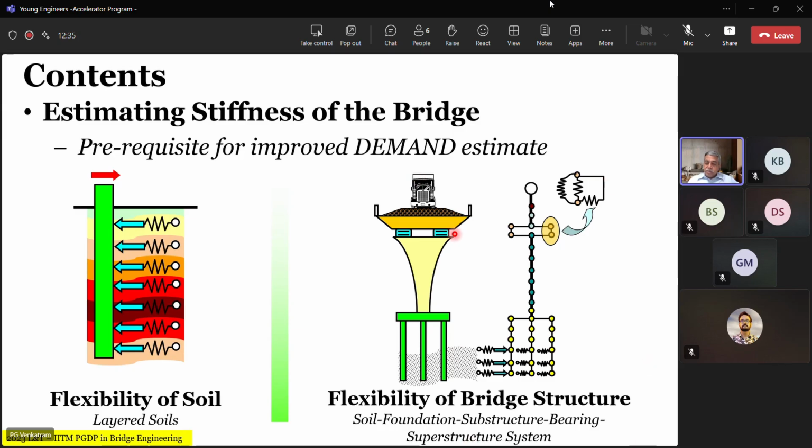And what does the bridge consist of? Let's recap: soil, foundation, substructure, bearing, and the superstructure, the whole lot of it. So if we have a good estimation of stiffness, then we will have an improved demand estimate, whether it is in the form of a force resultant or deformation.